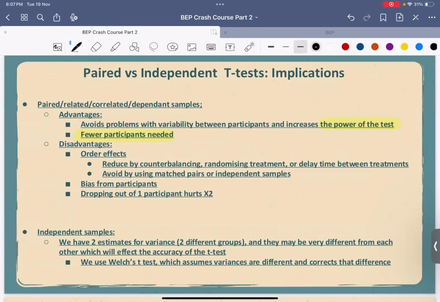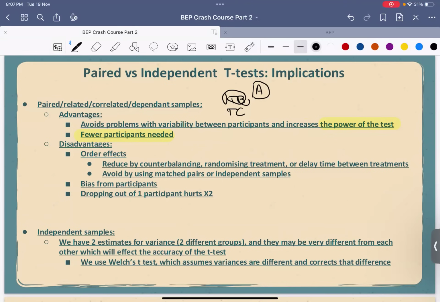What does order effect mean? For example, in the example that we said, in the beginning we give treatment B, and then we wait for treatment B to finish and then we give treatment C to the same group of people. So how do I know that the effect of treatment B stopped before I gave them treatment C? There might be some effects remaining from the treatment I gave them initially that will affect how treatment C works, and that's an order effect.